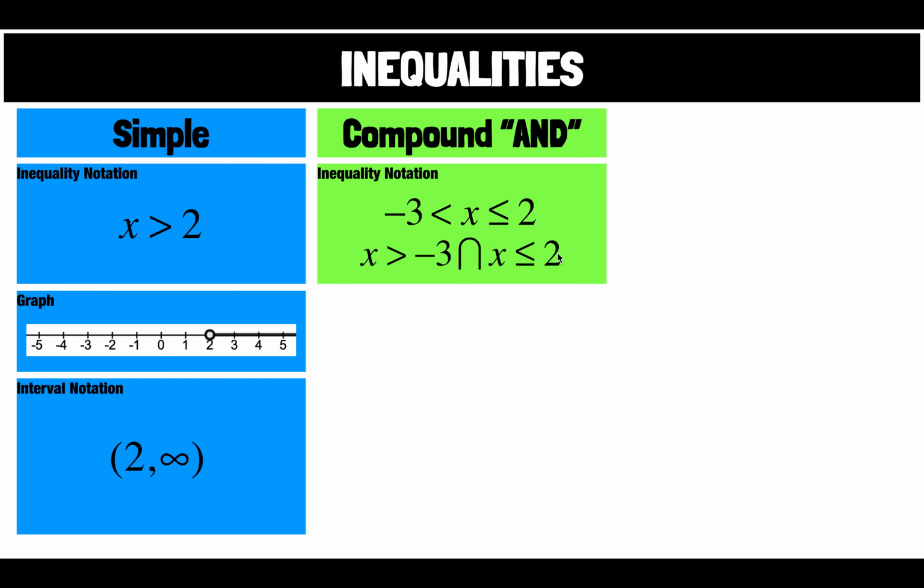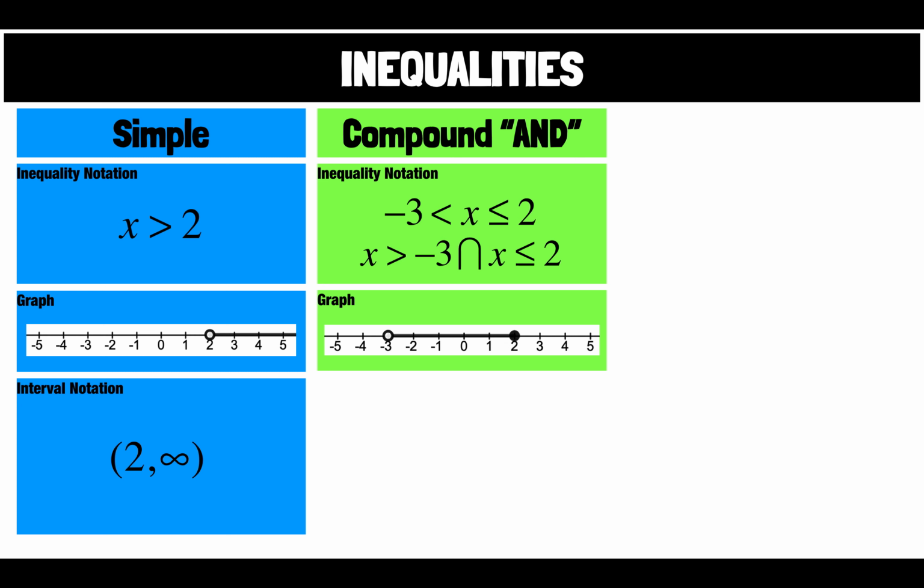You can put this on a number line, and this is what it would look like. You'll notice that it is open circle on -3 because it's not inclusive, and it's shaded all the way till 2, but it has to be shaded in because that is inclusive. So we know then that the variable, or x, has to be in between -3 not inclusive and 2 inclusive.